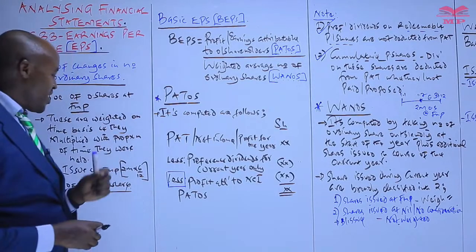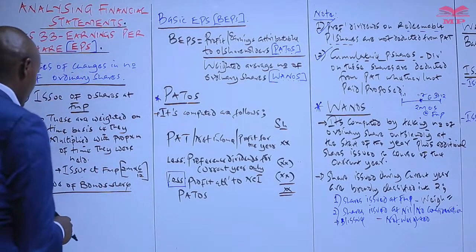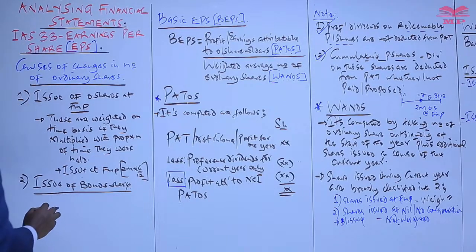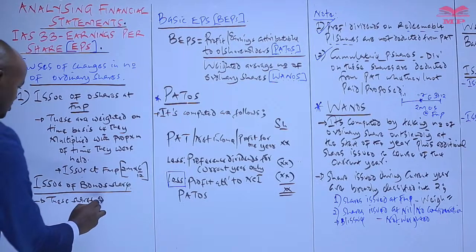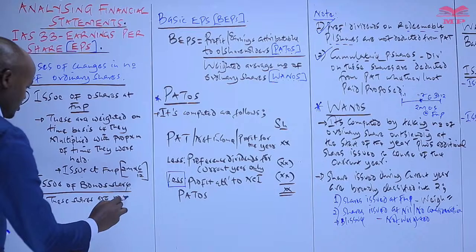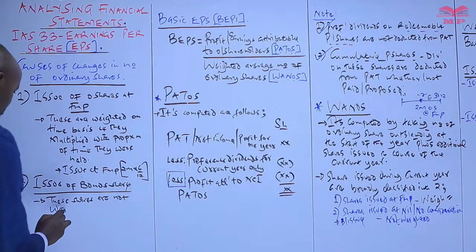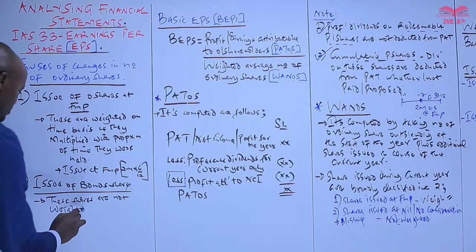So we assume they were issued at the start of the year, and therefore, for the purpose of computing the weighted average number of ordinary shares, we don't weigh them on time basis. So these shares are not weighted on time basis.